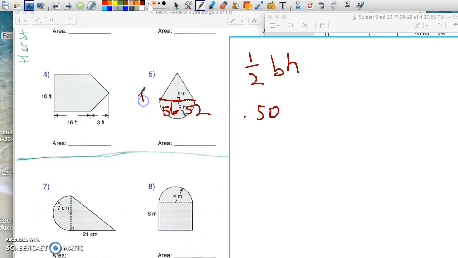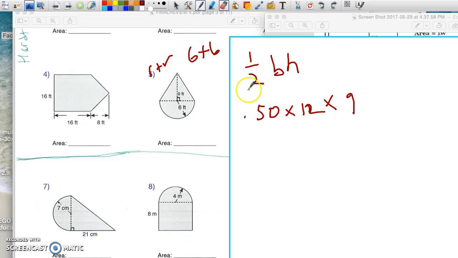All the way would mean diameter. Remember, the diameter is radius plus radius. So basically 6 plus 6, which is 12. So the base is 12, times the height, which is 9. Careful with that. Let me do that again, so we don't get lost.